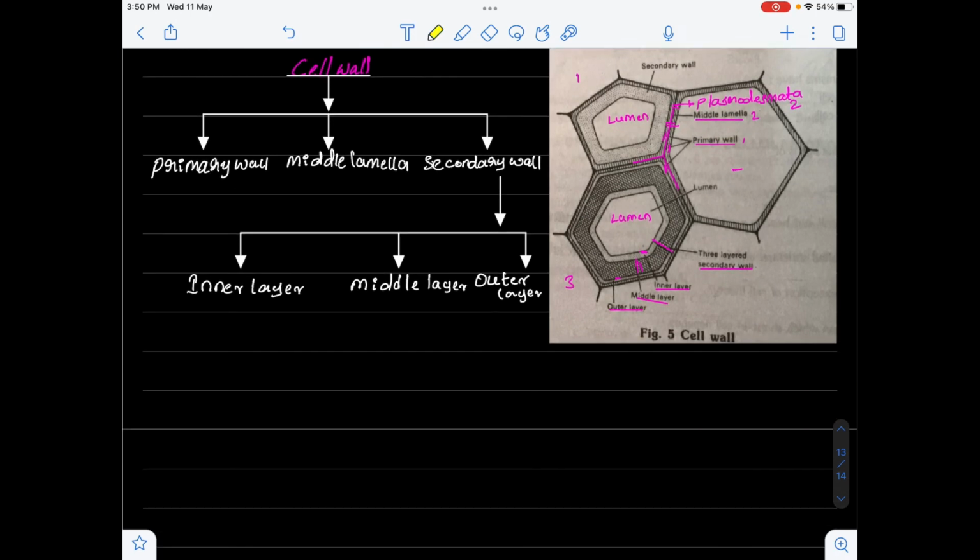Now let us talk about the middle lamella. Here is a cementing layer. The middle lamella is present between two adjacent cells.